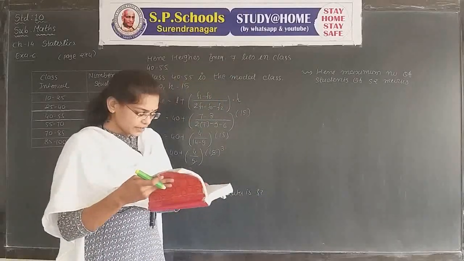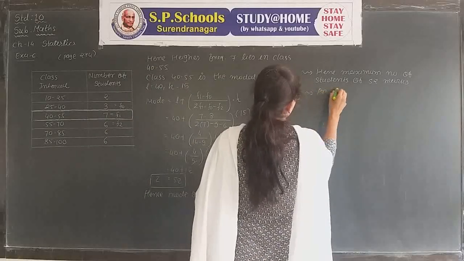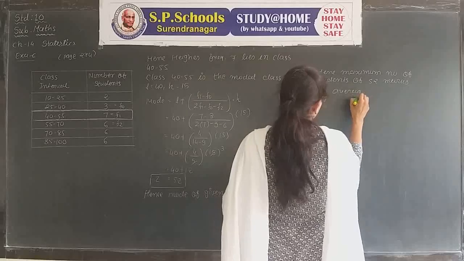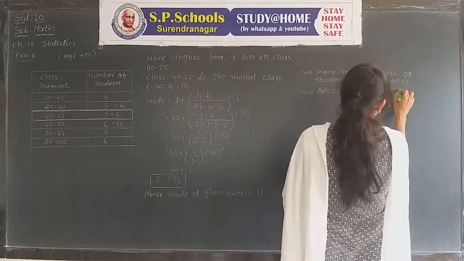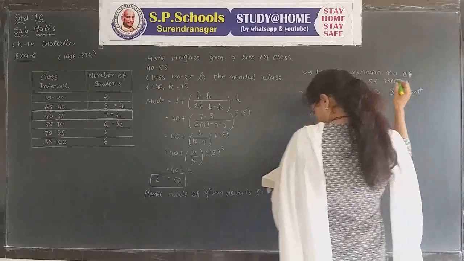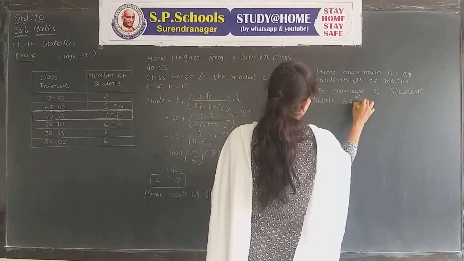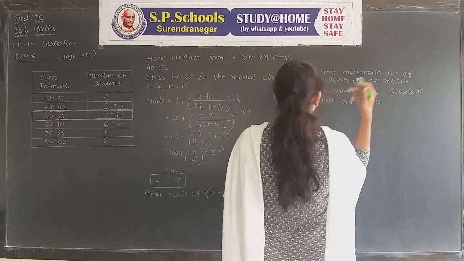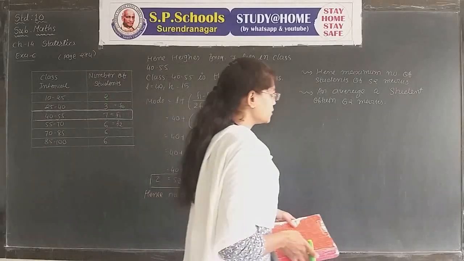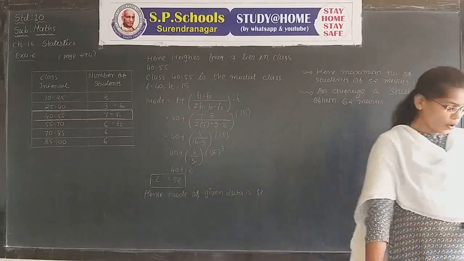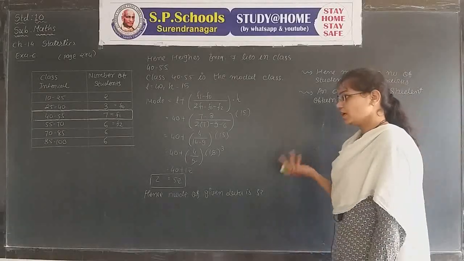On average a student obtains 62 marks. Average means the mean. It is an interpretation of the mode and the mean of the data. Hence example number 6 is completed.